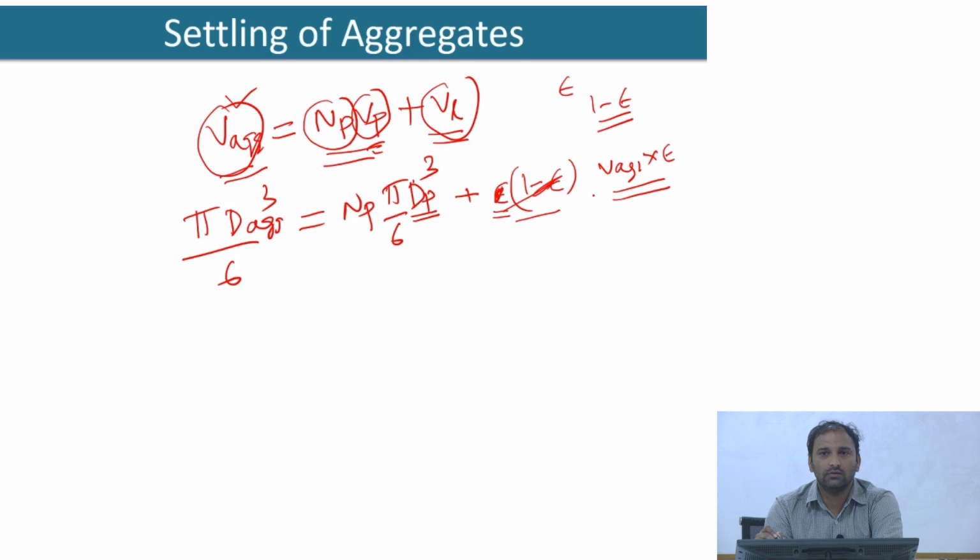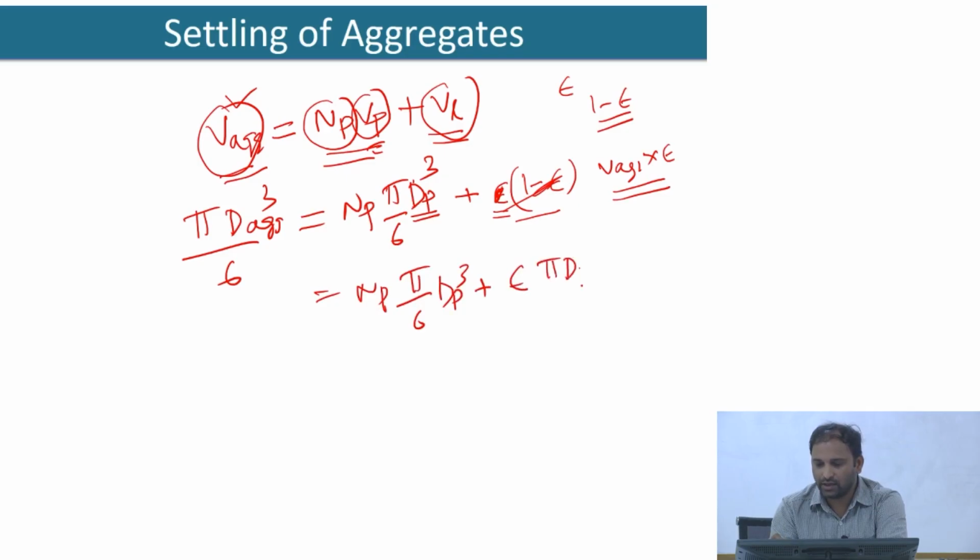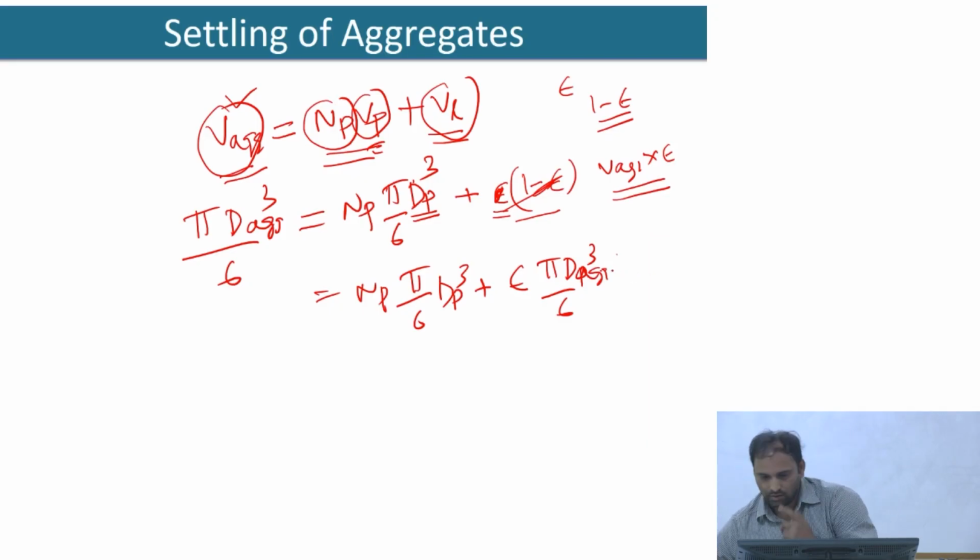Therefore, I can write this as pi by 6 into dp cube plus epsilon times pi by 6 into, sorry, d aggregate cube. That is it, right. Let me just check, yeah, is that okay?